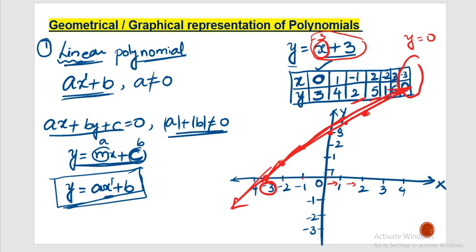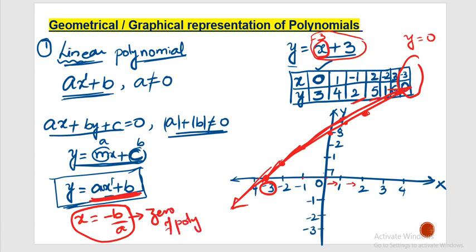So whatever value you substitute in the place of x that makes the polynomial 0, we call it a zero of this polynomial, right? So for this polynomial y = ax + b, x equal to minus b by a is nothing but its zero. So this is what we call the zero of this polynomial.